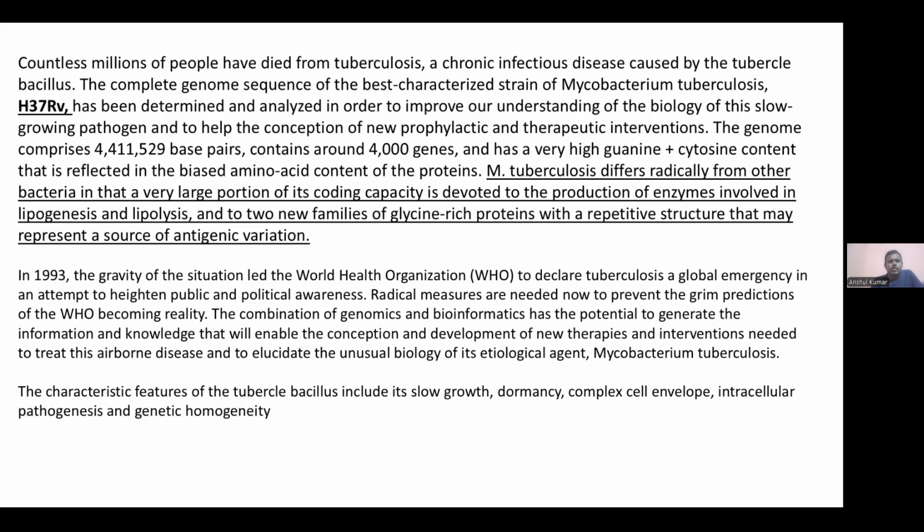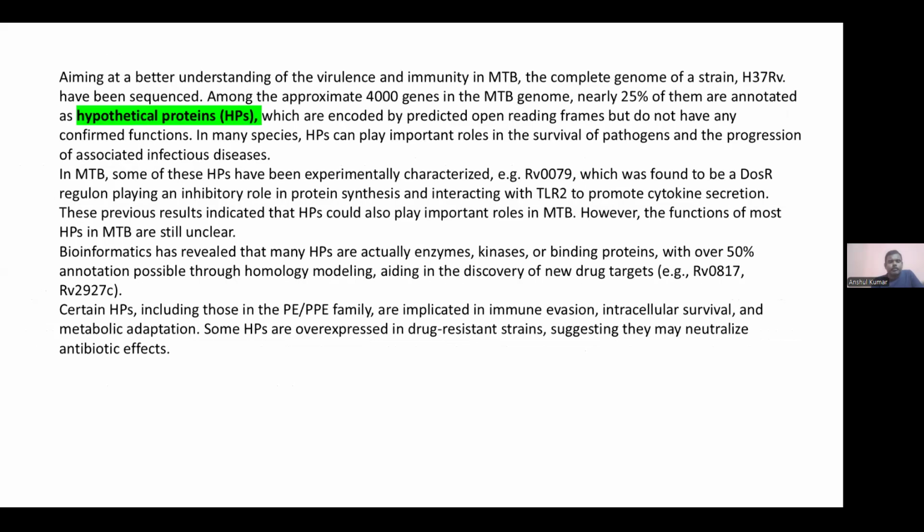The characteristic features of the tubercle bacilli include slow growth, dormancy, complex cell envelope, intracellular pathogenesis, and genetic homogeneity. So, for a better understanding of the virulence and immunity in MTB, the complete genome of strain H37Rv has been sequenced.